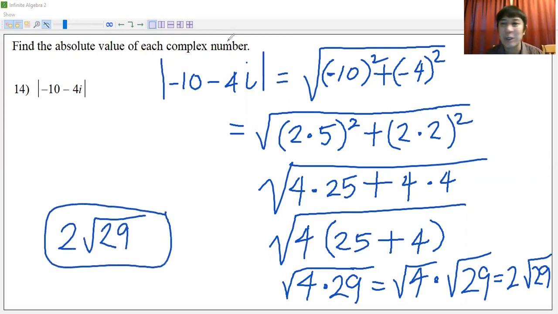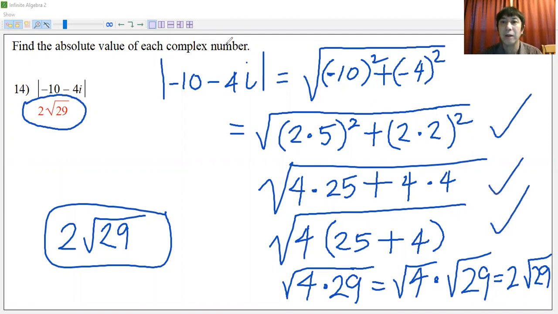All right, that's the answer for number 14. So let us verify. You can see it over here. The answer of the computer is in red color there. 2 square root of 29. So I hope you were able to see how it's done, each step. You should be able to take note of the steps of this.